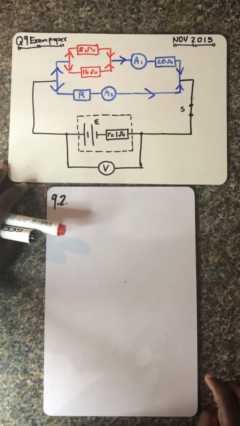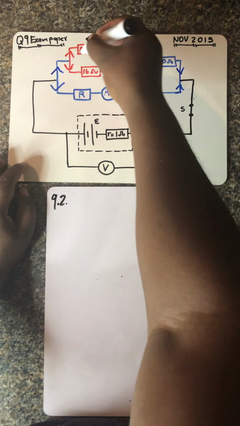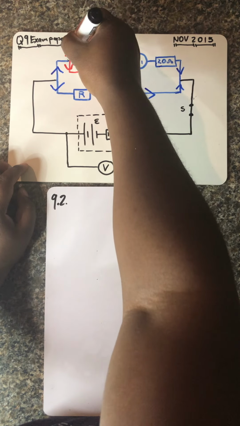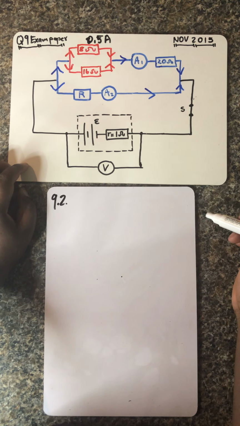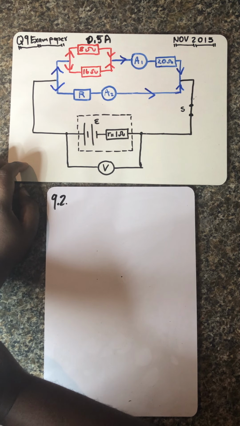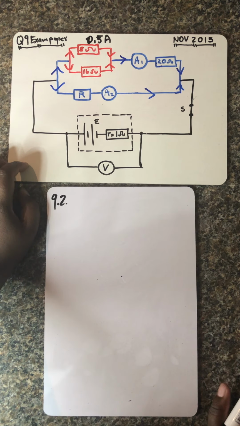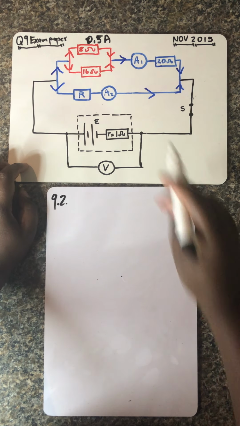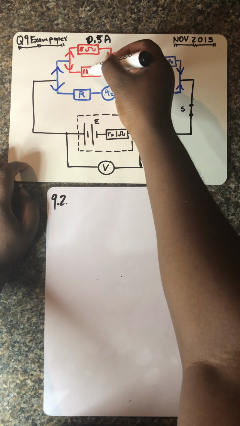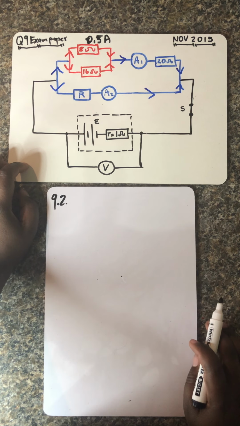So guys, that means if we've got the current flowing through the 8 ohms resistor, we can calculate the V of that 8 ohms resistor, and we know from the initial lesson that I've given, I just indicated that the V of the 8 ohms resistor is the same as the V of the 16 ohms resistor.